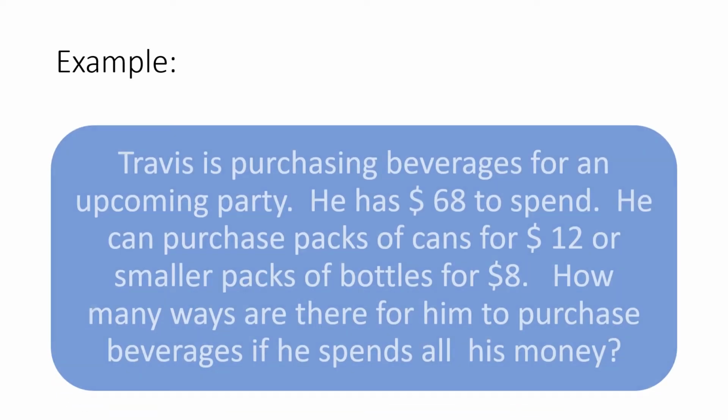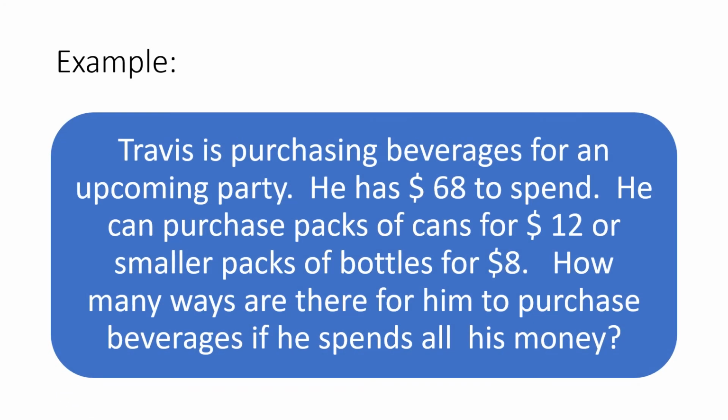In order to understand this, let us take this example. Travis is purchasing beverages for an upcoming party. He has $68 to spend. He can purchase packs of cans for $12 or smaller packs of bottles for $8. How many ways are there for him to purchase beverages if he spends all his money?